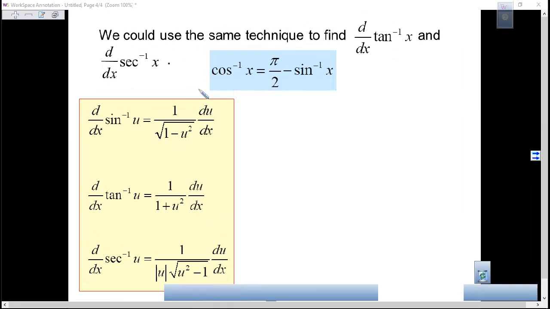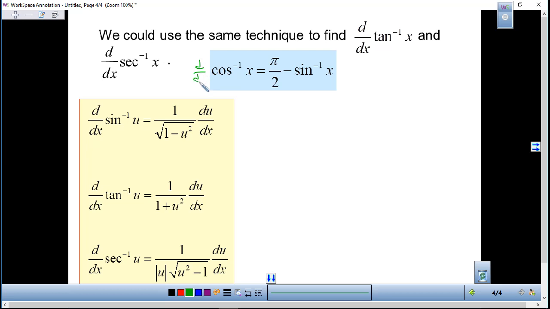So what you would have is d dx. And what happens when you take the derivative of pi over 2? Well, remember, pi over 2 is a constant, so that's going to be a big fat 0. And what's the derivative of inverse sine of x? Well, you found it to be this right here. So this is 0 minus 1 over the square root of 1 minus u squared, or in this case x squared, since it's got x there, and then times the derivative of x, which would be 1.